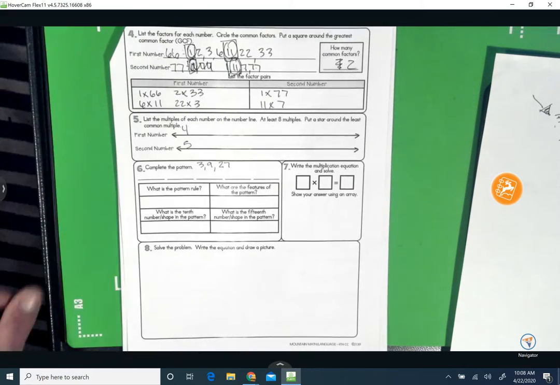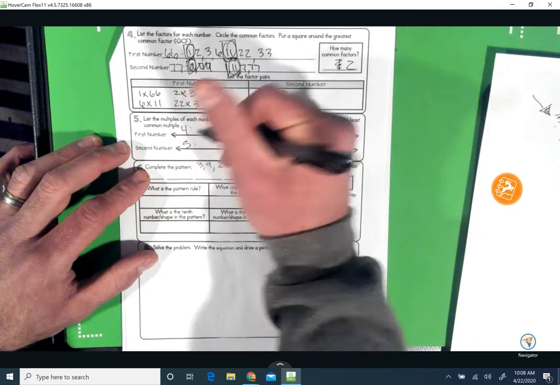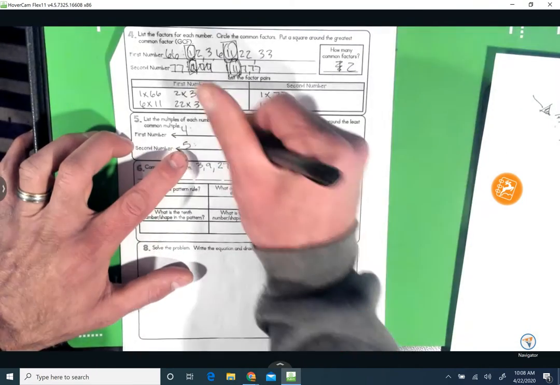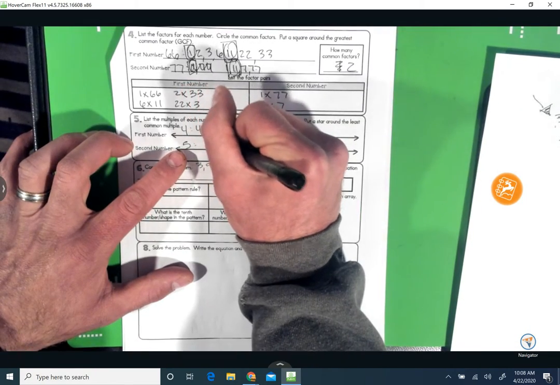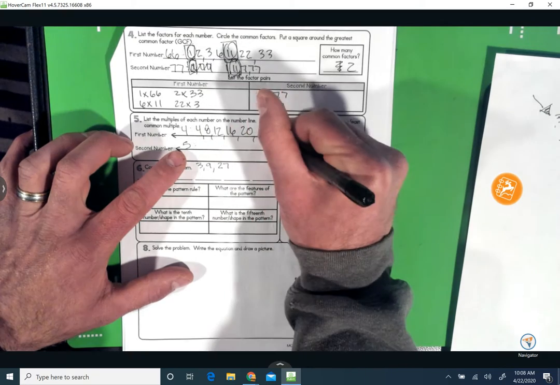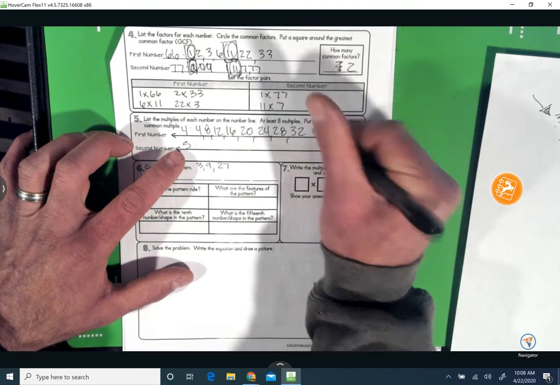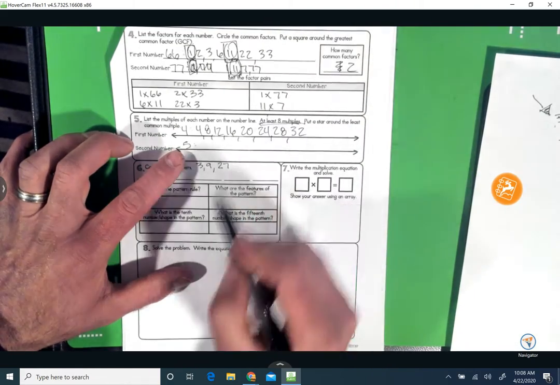All right, number 5. We're going to list some multiples of each one of these, 4 and 5. We have 4, 8, 12, 16, 20, 24, 28, and 32, at least 8 multiples.